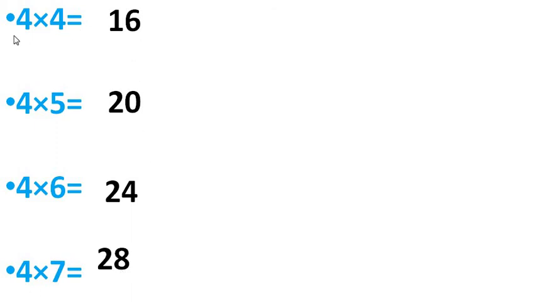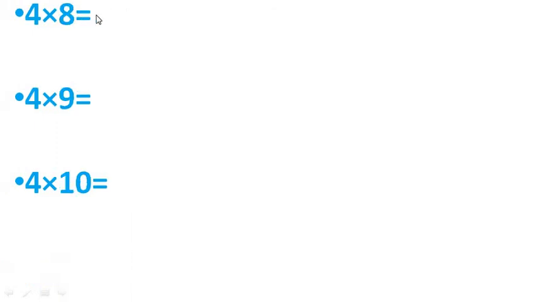Now repeat again. 4 fours are 16. 4 fives are 20. 4 sixes are 24. 4 sevens are 28. 4 eights are 32. 4 nines are 36. 4 tens are 40. So this was the table of 4.